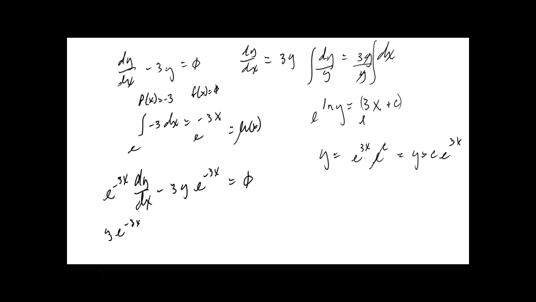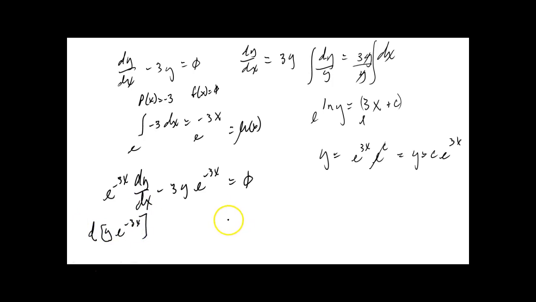The derivative of the first, dy/dx, times the second, plus the first, y, times the derivative of the second, which is e to the minus 3x times minus 3, and sure enough, that is the perfect derivative. This is d of this. That's your left-hand side.